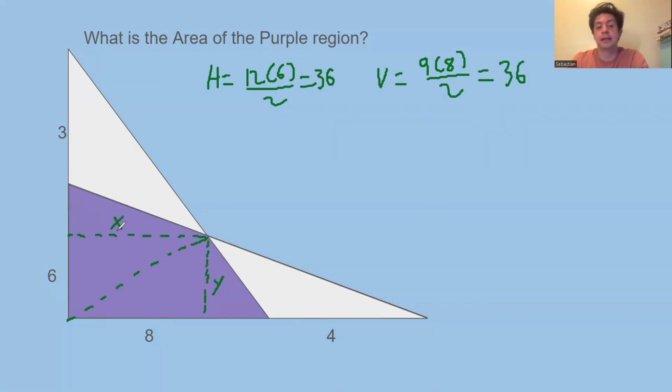Okay, so we're going to try to find X and Y because if we look at the purple region, it would be 8 times Y over 2. So purple, P equals 8Y over 2, plus this purple is going to be 6X, because 6 you can think of as the base and X as the height, over 2.